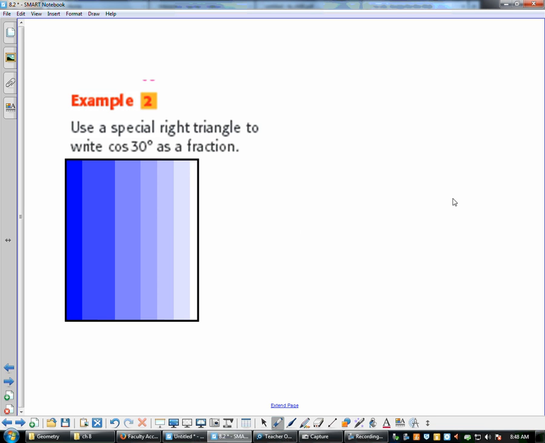So I want to remind you, if we have a right triangle with one angle that's 30 degrees and one angle that's 60 degrees along with our right angle, this was one of our special right triangles that we studied back in chapter 6, right? Do you remember the relationship between the side lengths in a 30, 60, 90 triangle? The shortest leg is the leg across from the 30-degree angle.